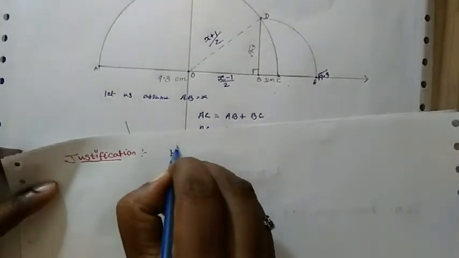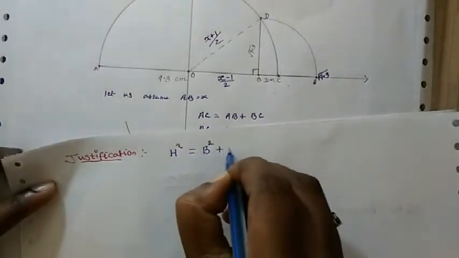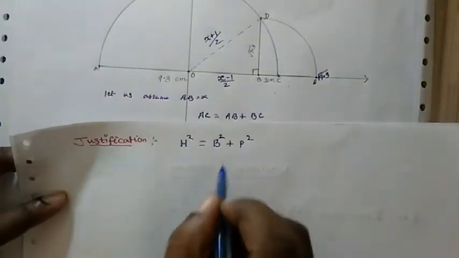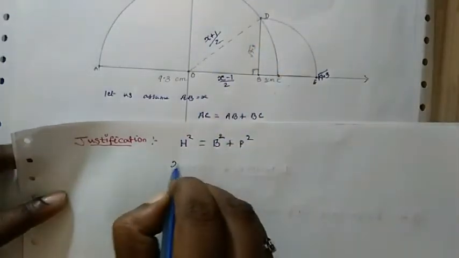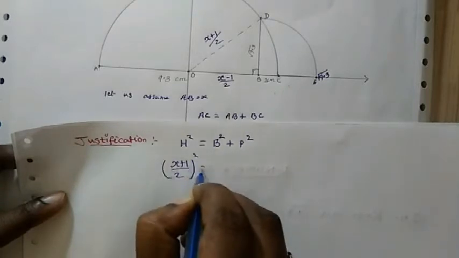Hypotenuse is x + 1 squared. Base is (x - 1)/2 squared. Perpendicular we don't know, and perpendicular is BD, so BD square.